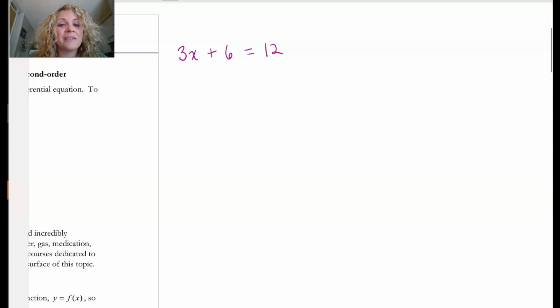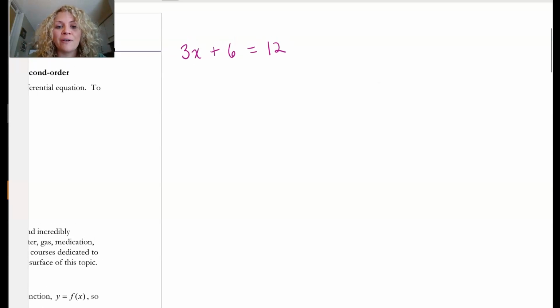If we were in Algebra 1 and I asked you to solve this equation, certainly you would invert the order of operations. We would subtract 6 from both sides to get that 3x must equal 6. We would divide both sides by 3, therefore x must be equal to 2. Then we could say that x equals 2 is the solution to the equation 3x plus 6 equals 12. And it's the only solution since that was a linear equation.